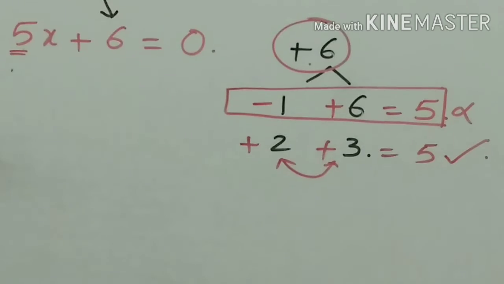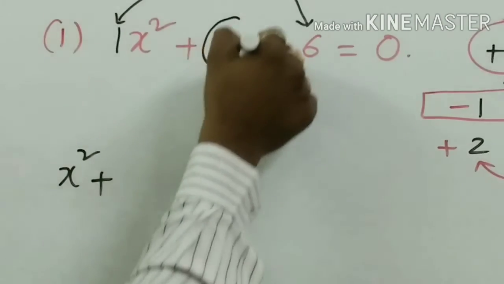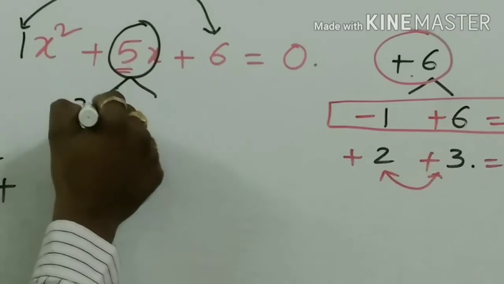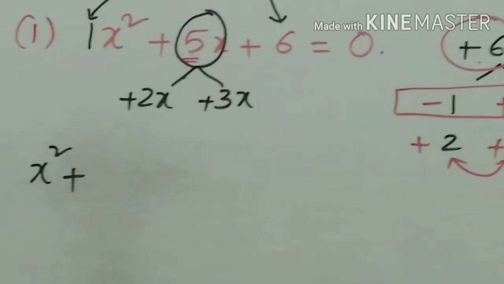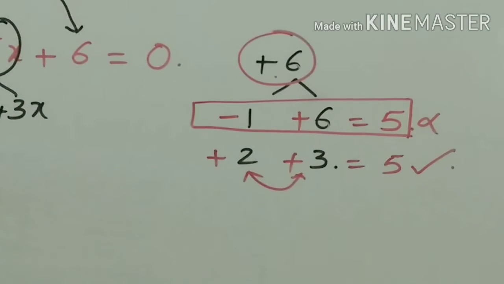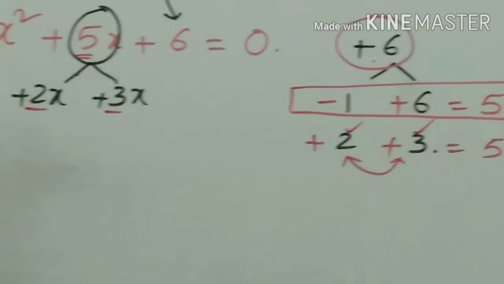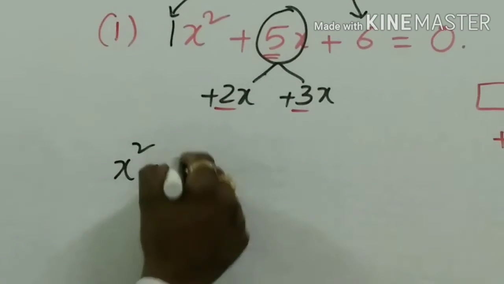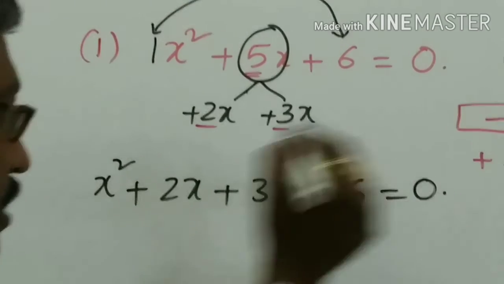Now I am taking it here: x square, and 5x I am writing as 2x and 3x. How did I get 2x and 3x? Because here plus 2 plus 3 I got from here. So 5x I am writing as 2x plus 3x plus 6 equal to 0.